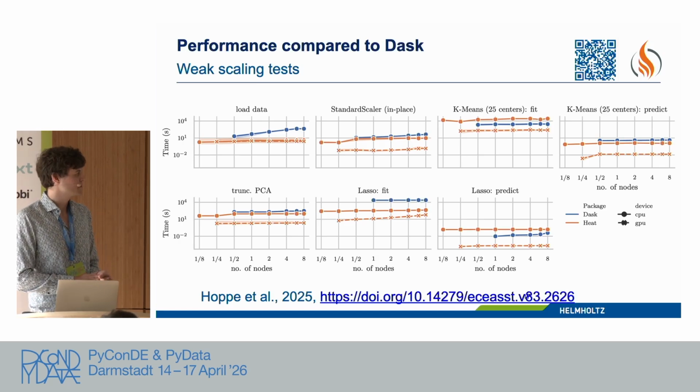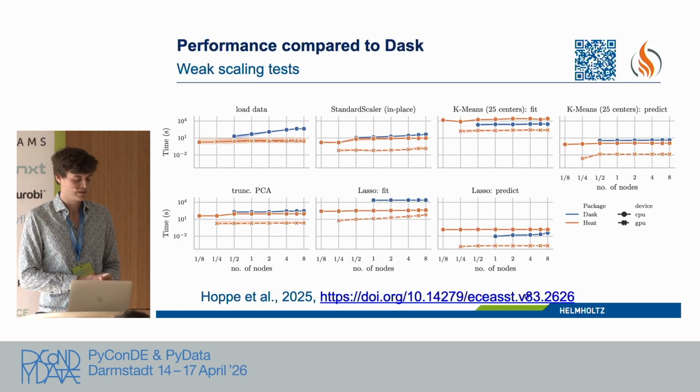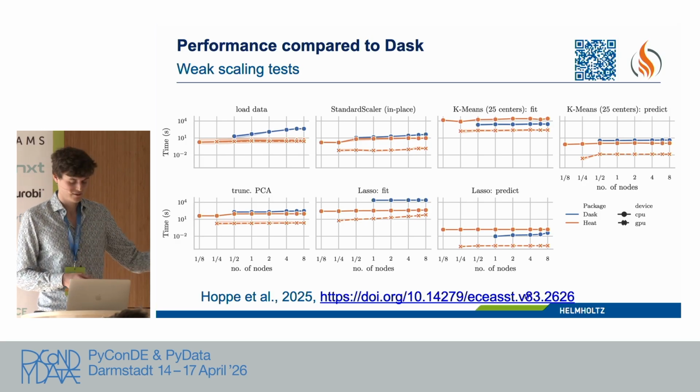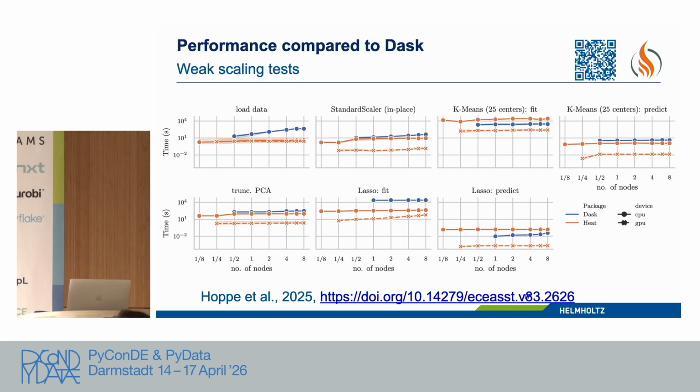So here we have also a comparison with a Dask implementation. There's a paper last year written by one of our, unfortunately, former collaborators at this point, which has a lot more detail on this. So I have to speed up a bit now. And I suggest, if you're interested, to read the paper. But I will very briefly highlight a few things.